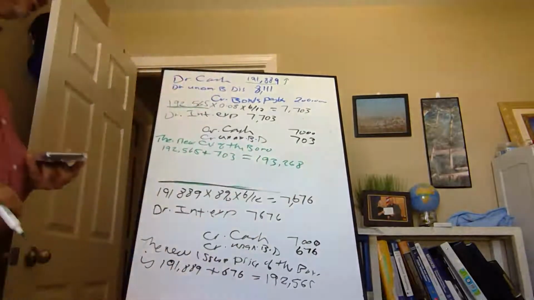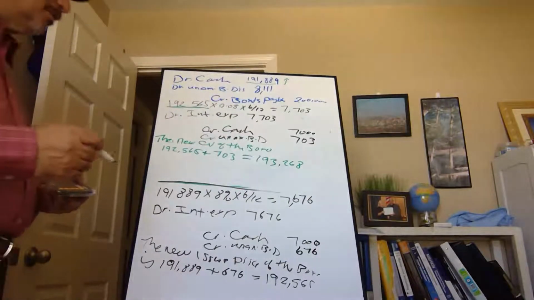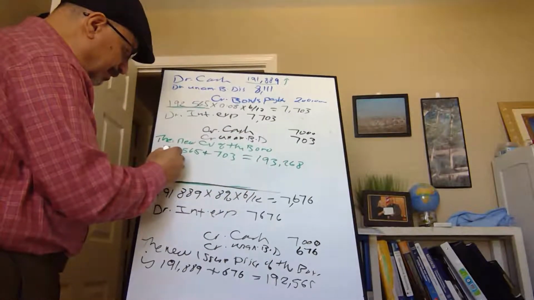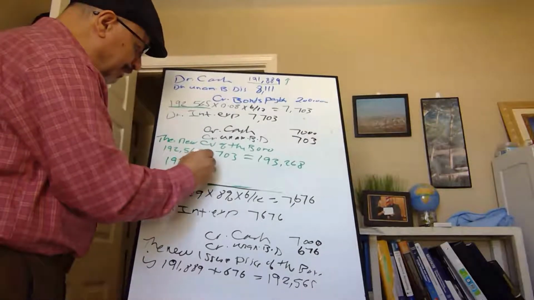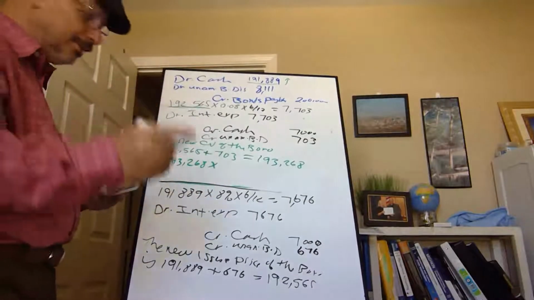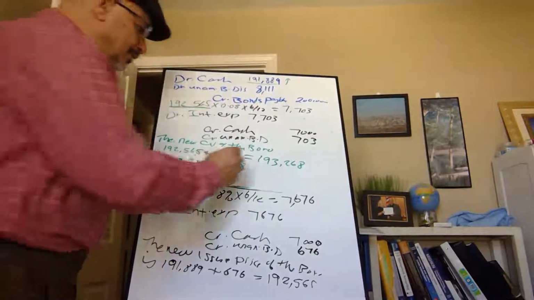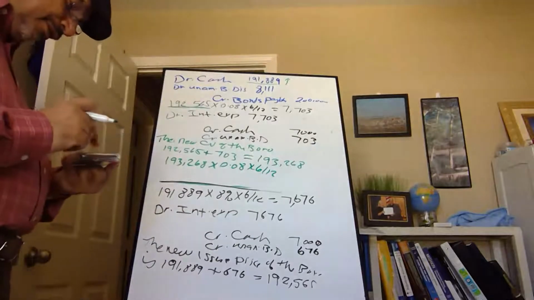193,268. And again, we multiply 193,268 times the market interest rate, 8%, times 6/12.